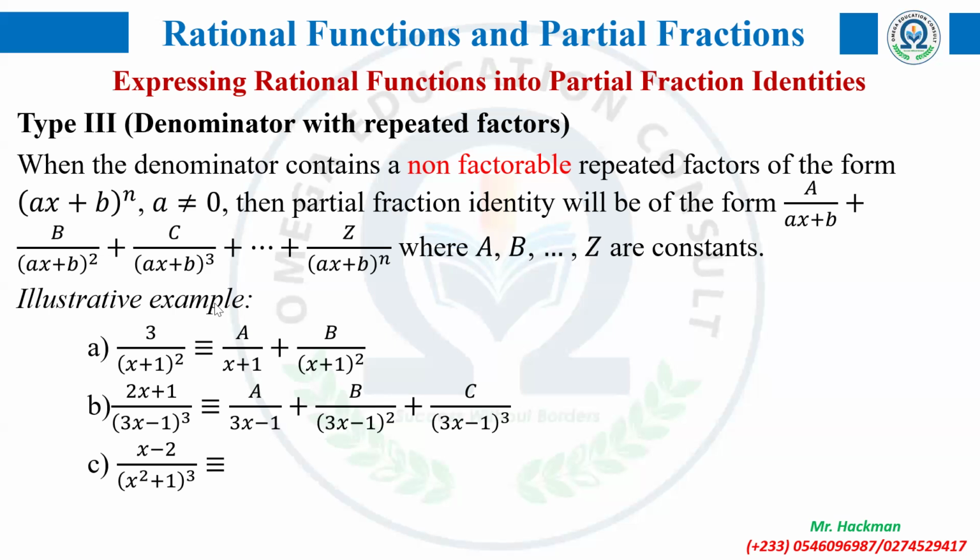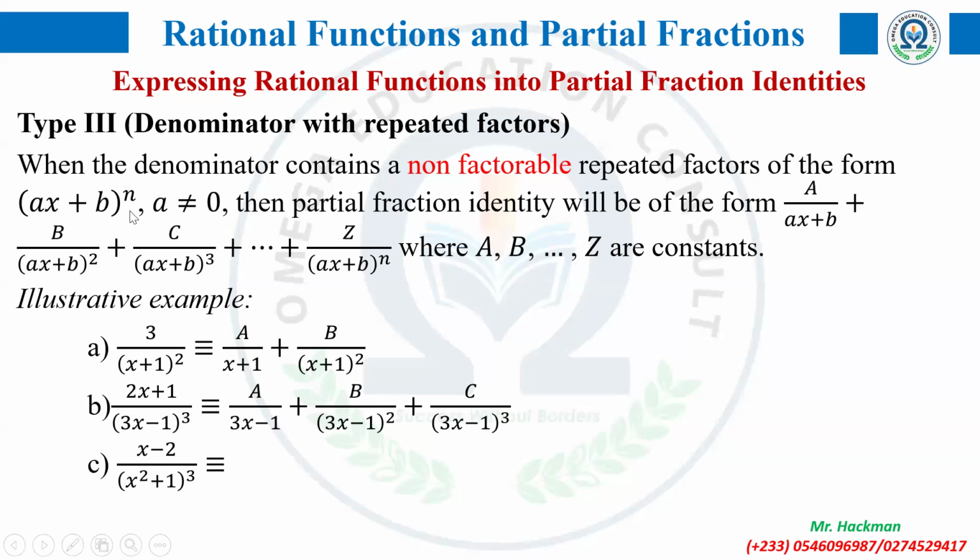So quickly, let me read what we have here. When the denominator contains a non-factorable, so take note of this, repeated factors of the form ax plus b all to the power n. And here, the n will not be 1. So the n must be greater than 1, or it should be greater than or equal to 2.